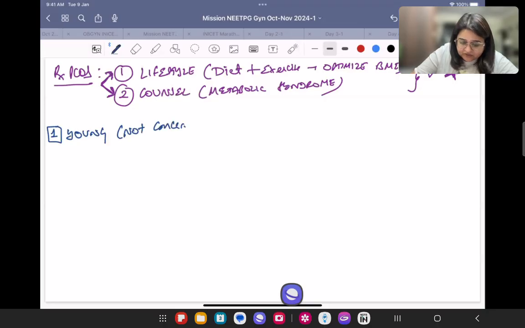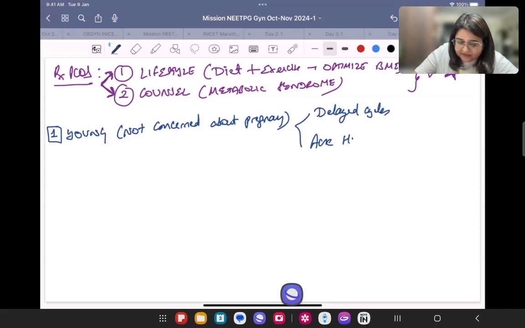Okay, so not concerned about pregnancy. So usually this girl comes either with complaints of acne or hirsutism, or she comes with complaints of delayed cycles. These are the two common complaints in this age group.